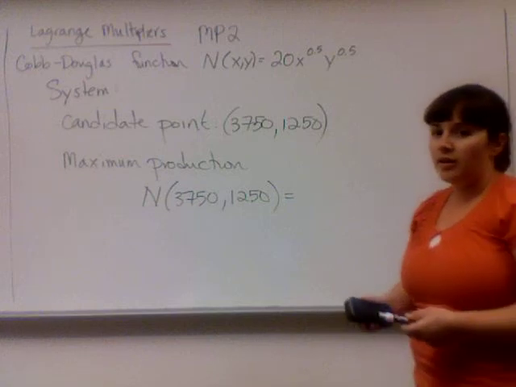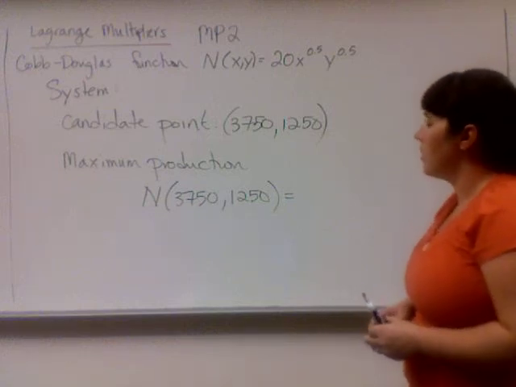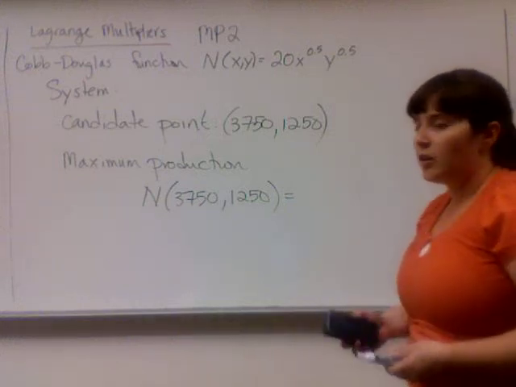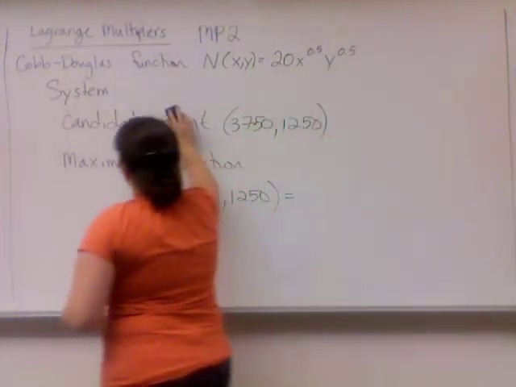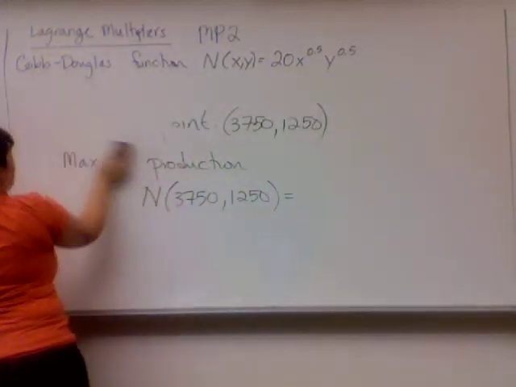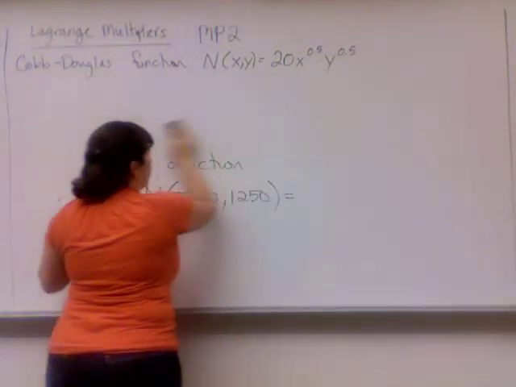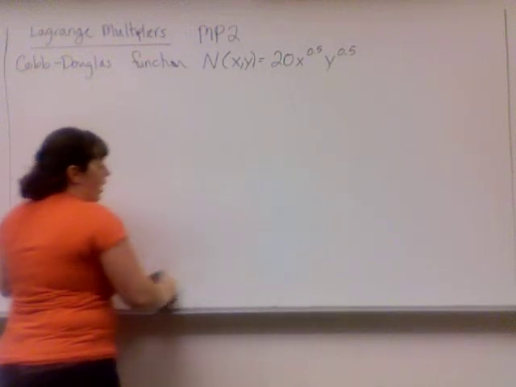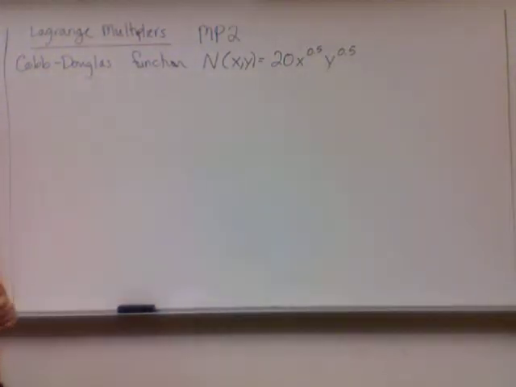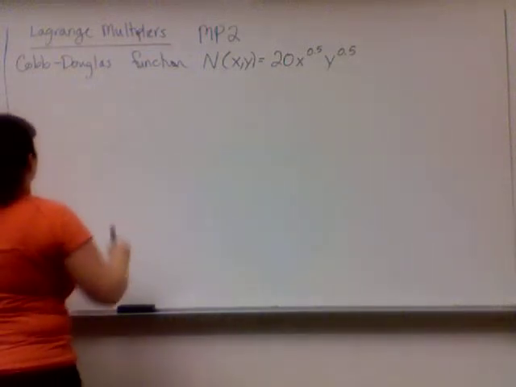Okay, good. So there is one piece of information here that is relevant. Usually the lambda doesn't have meaning for us in these problems unless you're doing a Cobb-Douglas production function problem. In a Cobb-Douglas production function problem, when you do maximize it using the technique of Lagrange multipliers, the lambda actually has a specific meaning.